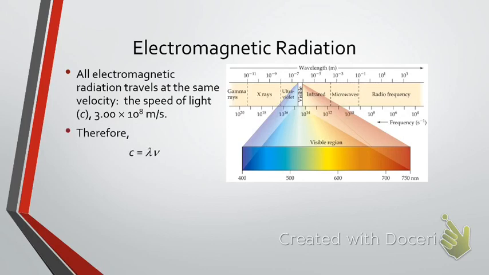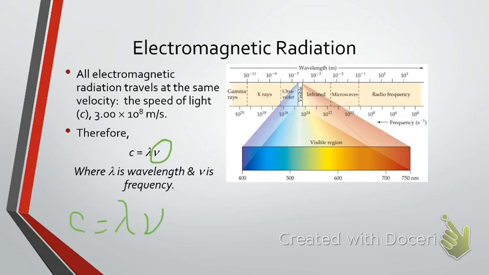This frequency here, this is frequency, and that's not the letter v, that's the Greek letter nu. So it's lambda nu is equal to c. So therefore, they are inversely proportional. If nu is large, then the wavelength has to be decreasing, and vice versa. That's why they're called inversely proportional.